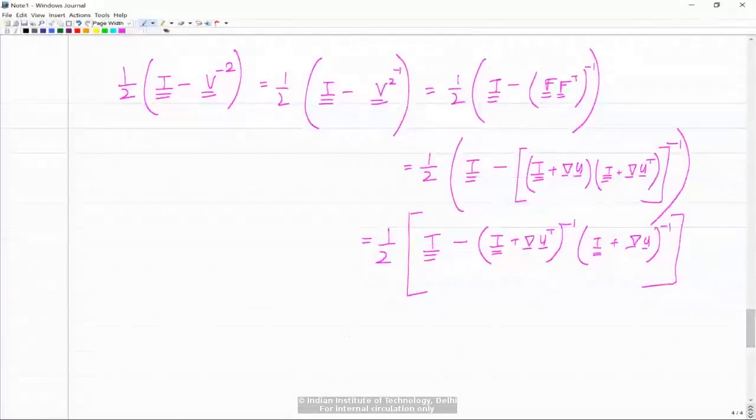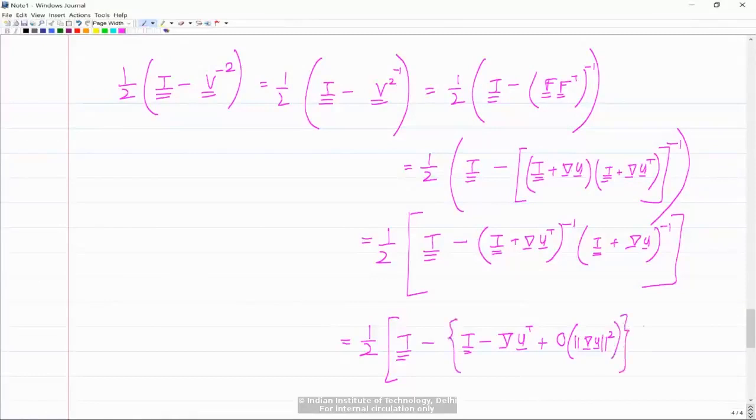But you can write it as half of I minus identity minus grad u transpose, using the binomial expansion. And then you have this big O in grad u squared.